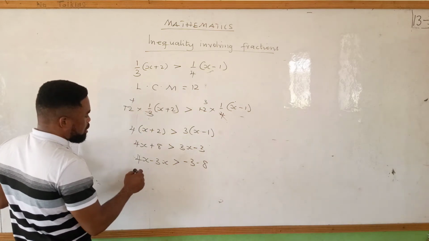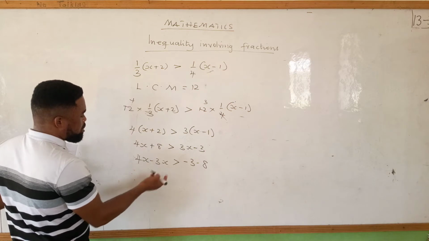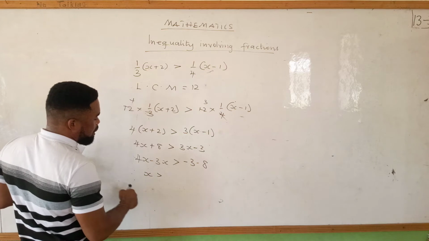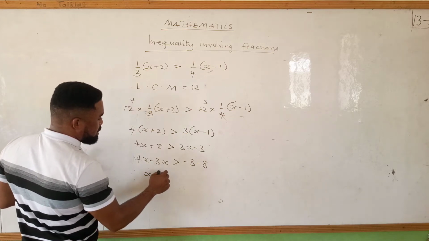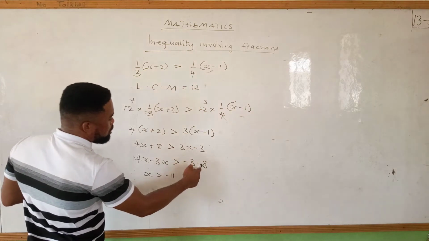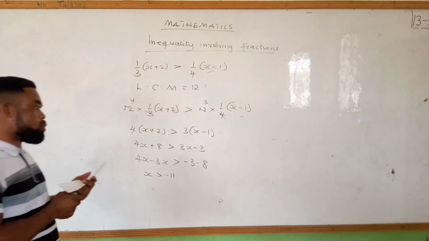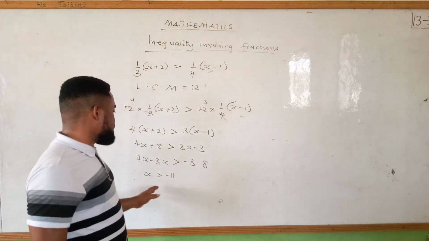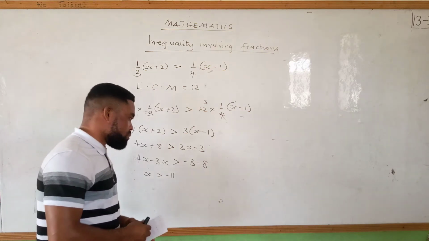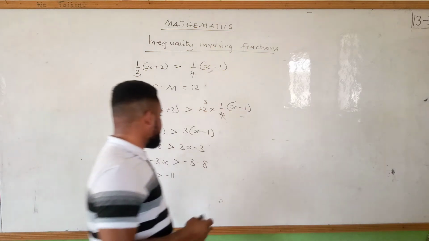So here, 4 minus 3 is 1, so you have 1x remaining, which is the x. So our x is greater than negative 11. That is, you owe someone 3, you owe another person 8. So you are going to owe 11. So x is greater than negative 11. Good.